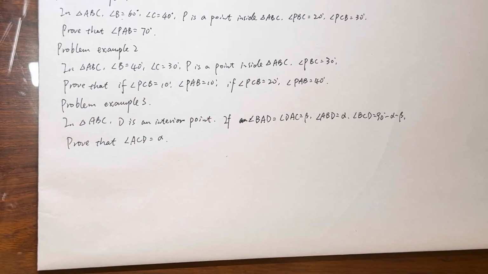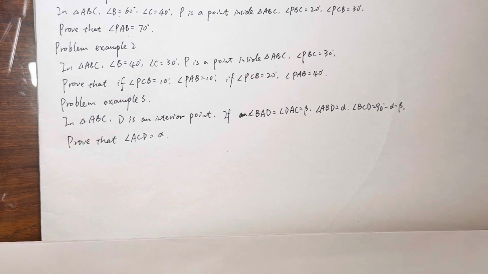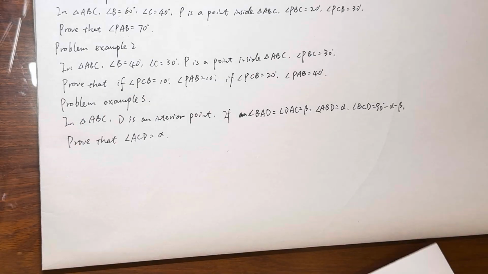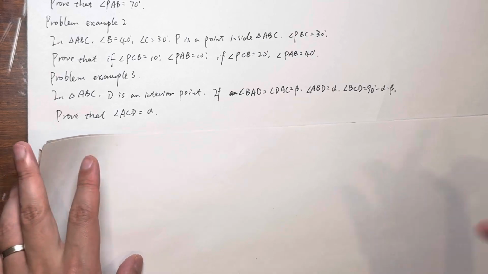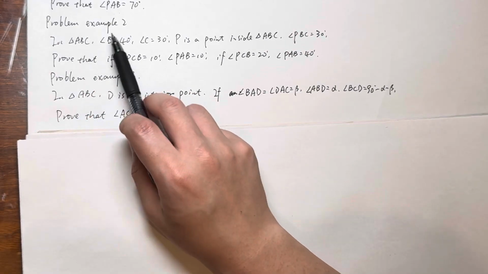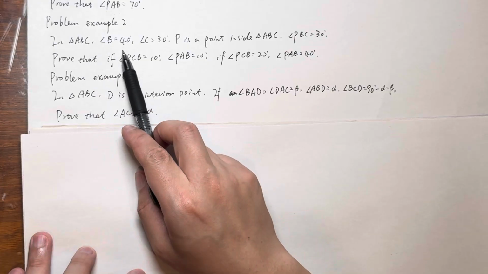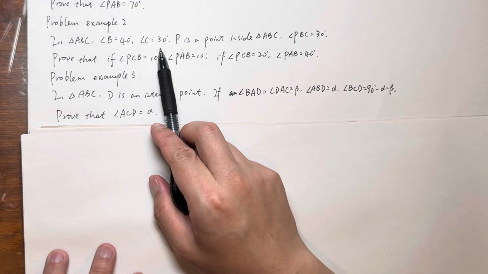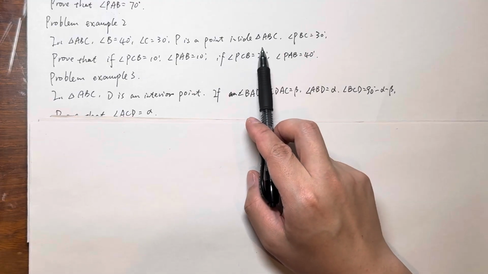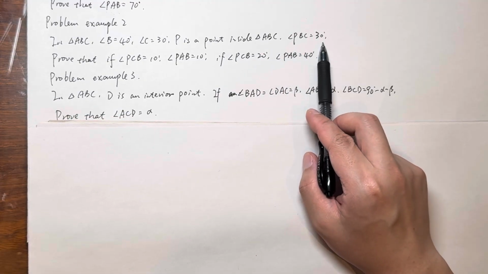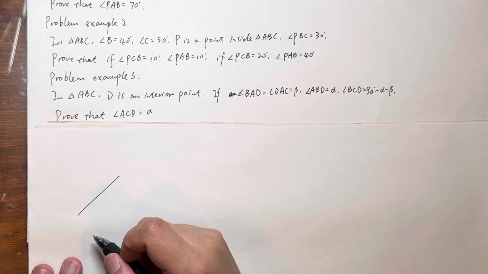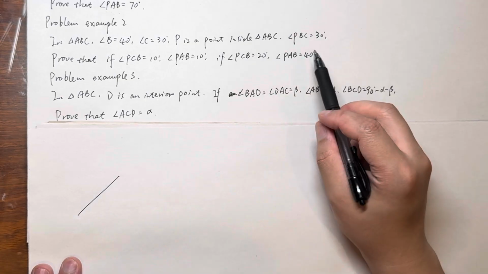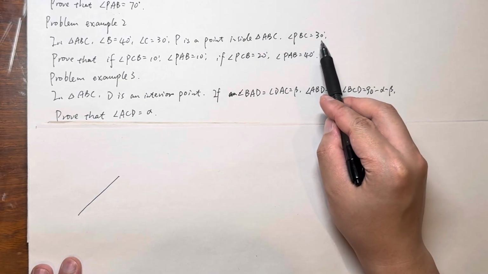So I also want to show the cases that in one triangle we might have multiple lattice points, like I show here in problem example 2. In triangle ABC, the angle B equals 40, angle C equals 30. P is a point inside the triangle ABC and angle PBC is 30.